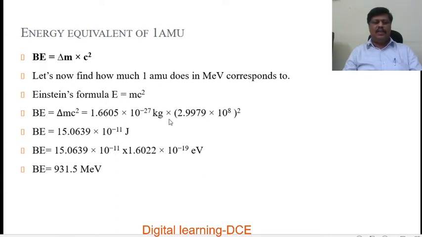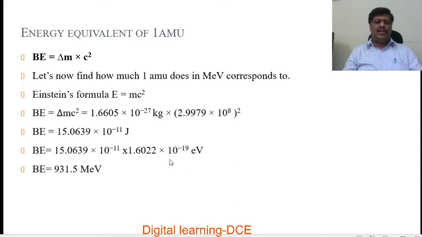After simplification, the energy in joules is 15.0639 × 10^-11 joule. If we convert this energy into electron volt, we divide by 1.6022 × 10^-19.